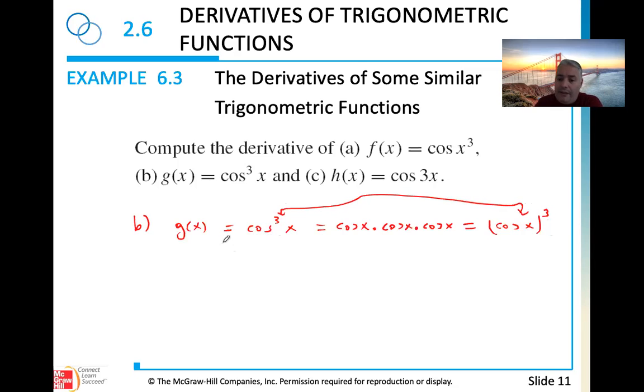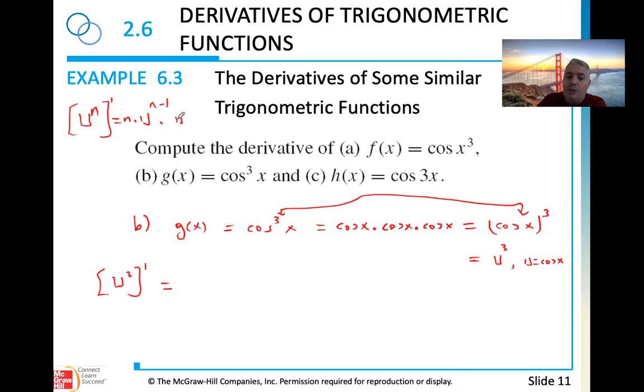Right now, what I have is cosine x cubed, which means if I call u cosine of x, I have u cubed, where u is cosine of x. So the question is, what is the derivative of u cubed? What was the chain rule? Let me remind you. The derivative of u to the power of n is n times u to the power of n minus 1 times u prime. This is the rule. So I am writing 3 times u to the power of 3 minus 1 times u prime.